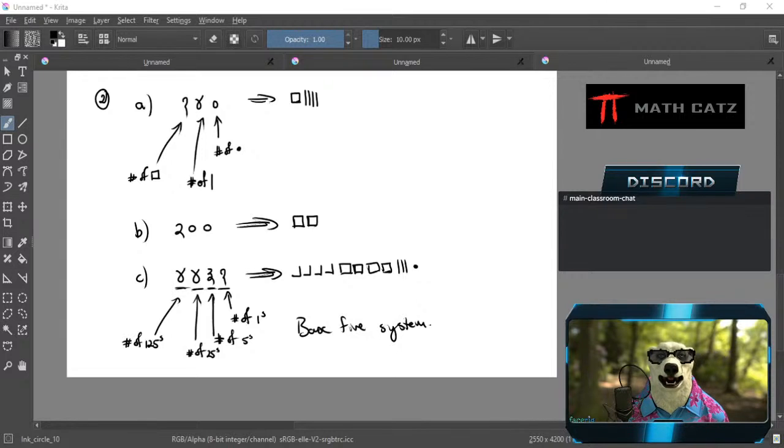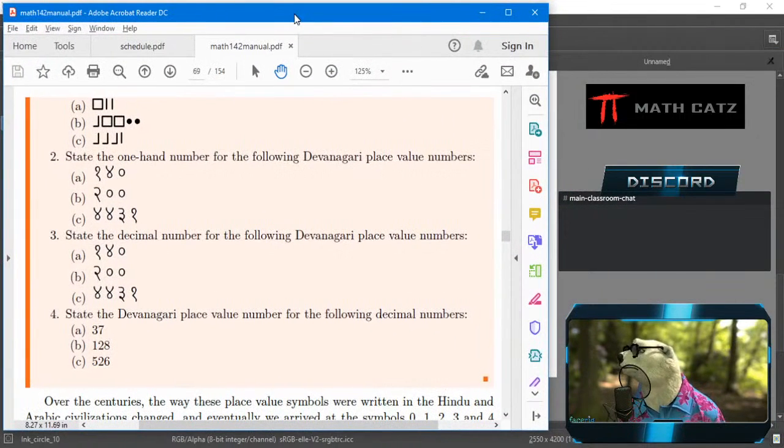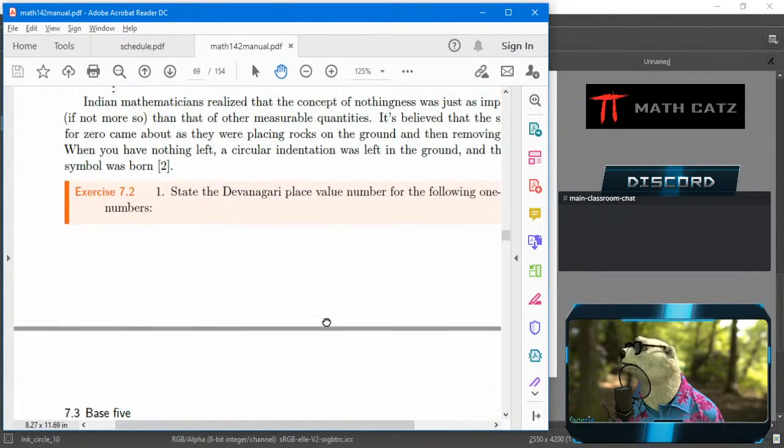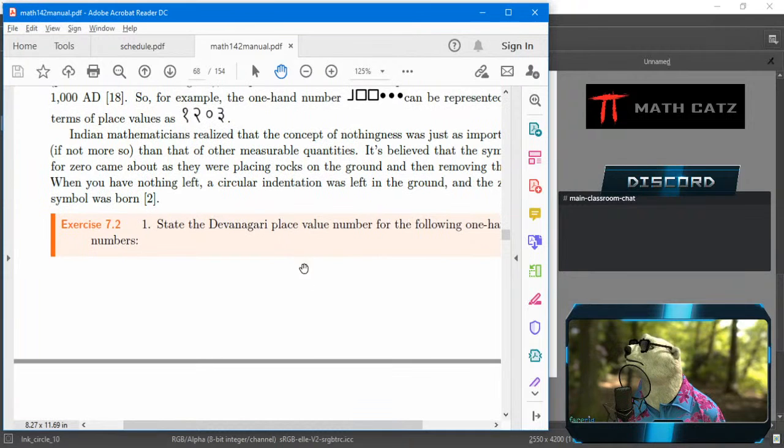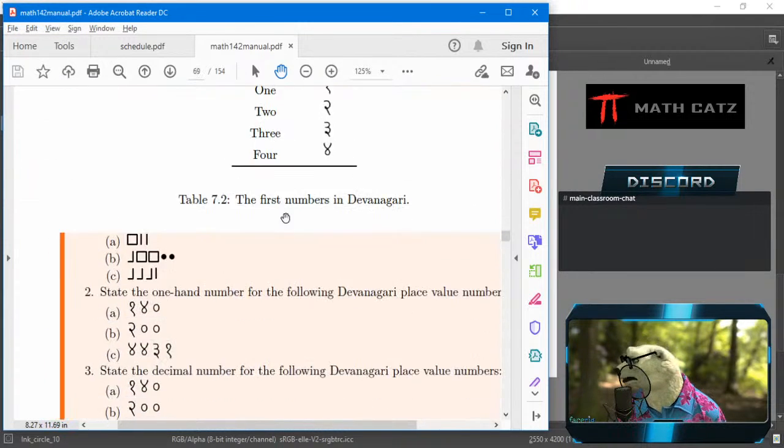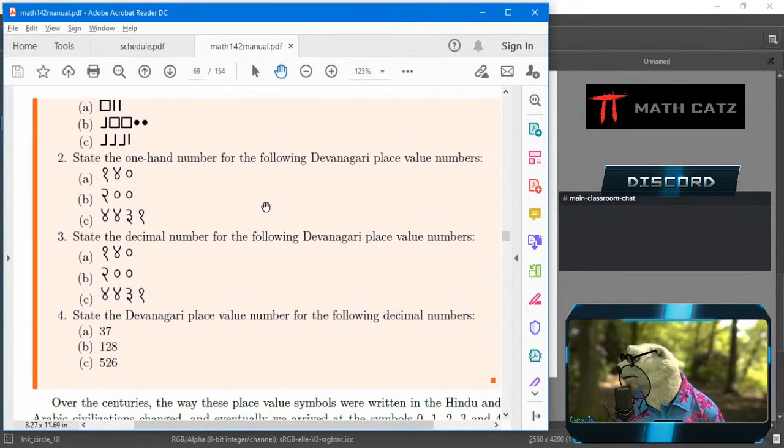So now, when we look at our example 7.2, we've done number 1 and 2, going from the old original one-hand system to the, comparatively speaking, much more modern Devanagari base 5 place value version of the same underlying system.